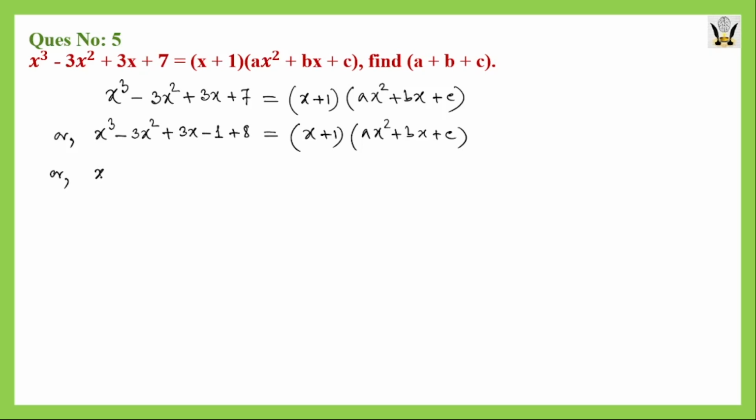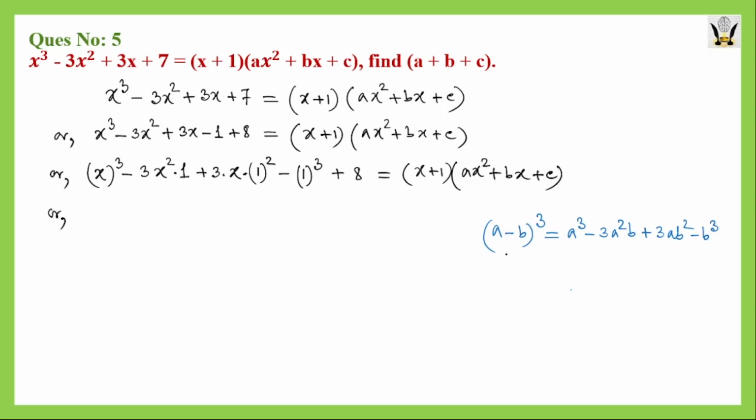On the left side we can write x cube minus 3x square multiplied by 1, then plus 3x multiplied by 1 square, then minus 1 can be written as 1 cube, and then plus 8, and again the terms that we have on the right hand side.